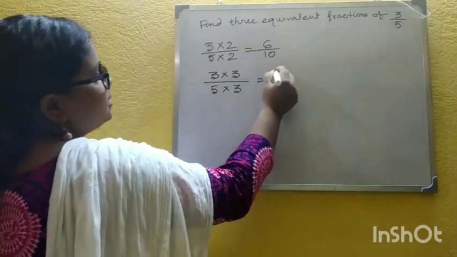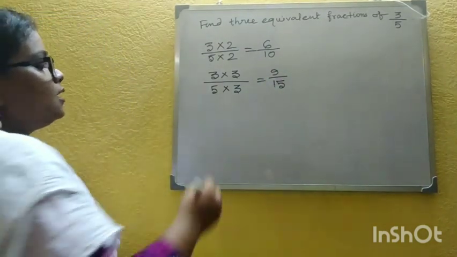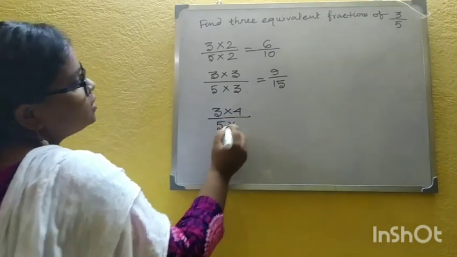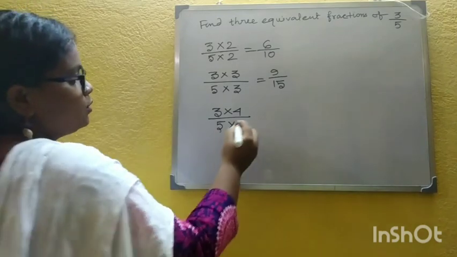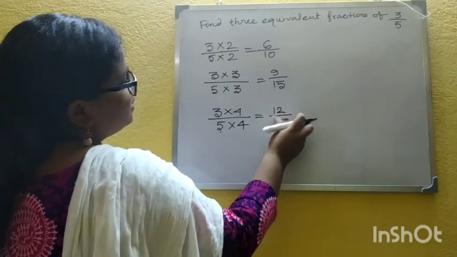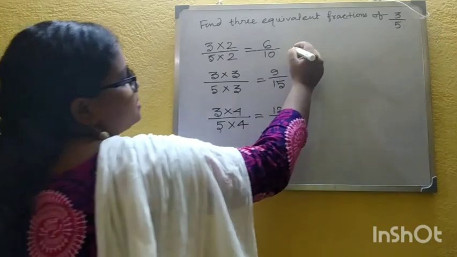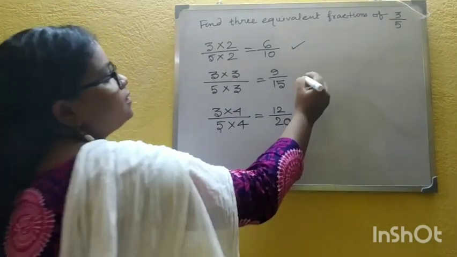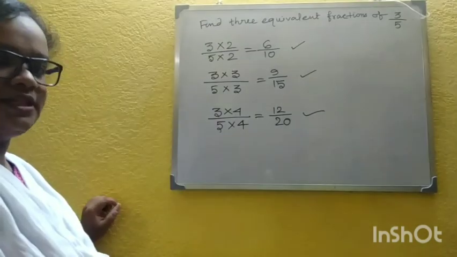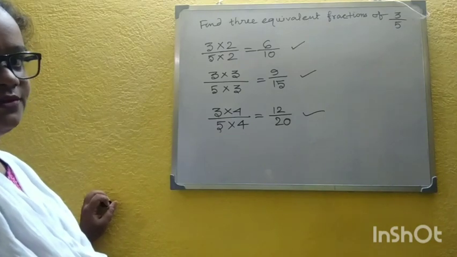So 3 3s are 9, 5 3s are 15. Then we will multiply both 3 and 5 by 4. So the result will be 12 by 20. So these 3 fractions, 6 by 10, 9 by 15 and 12 by 20 are equivalent fractions of 3 by 5.